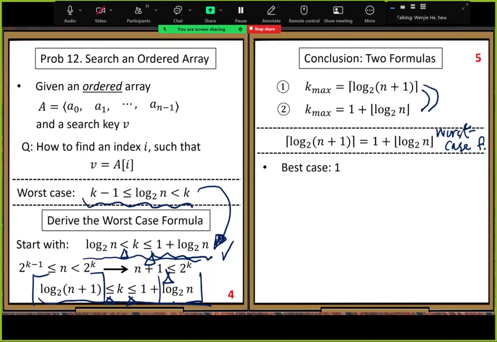Before you saw this formula, when people were asked what the worst case for binary search is, they wrote an approximate formula, approximately equal to log base 2 of n.